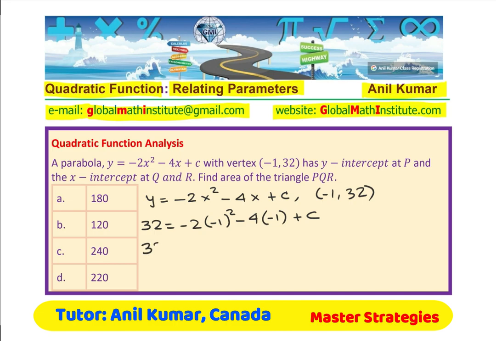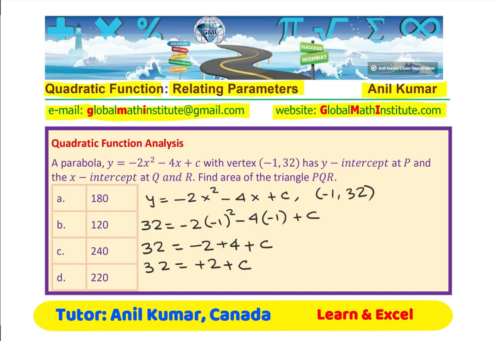So we can say 32 equals minus 2 times 1, which is minus 2, and here we get plus 4, plus c. That is 32 equals plus 2 plus c. That gives you the value of c: 32 minus 2 is c, which is equal to 30, correct?